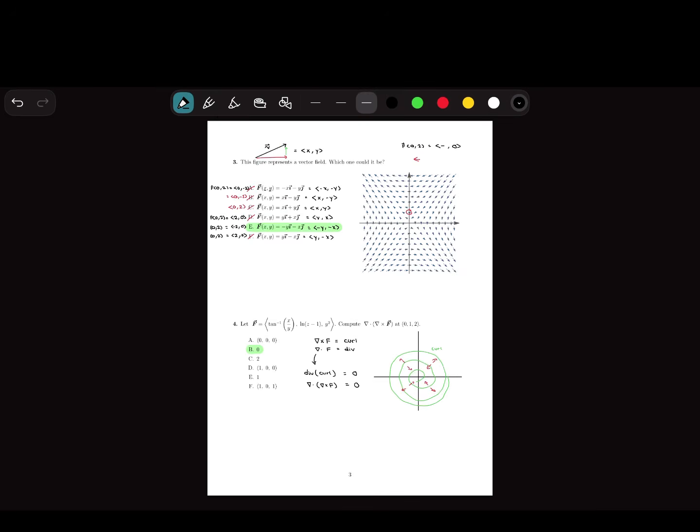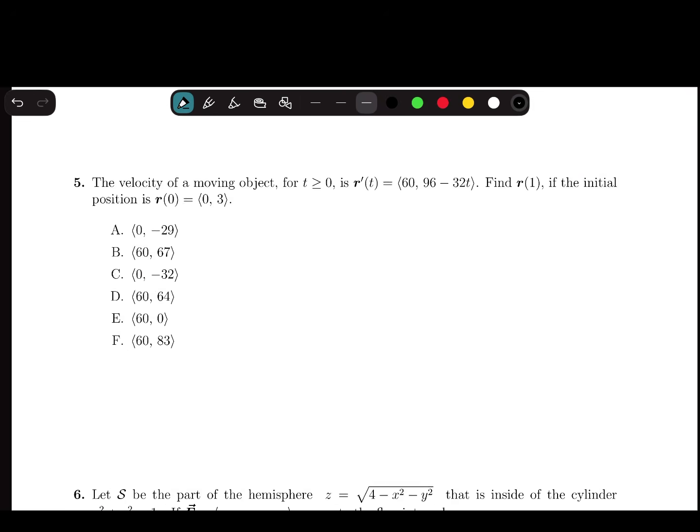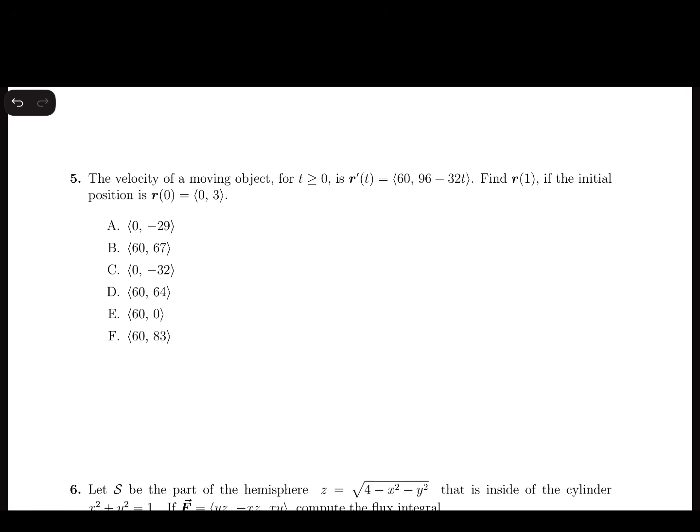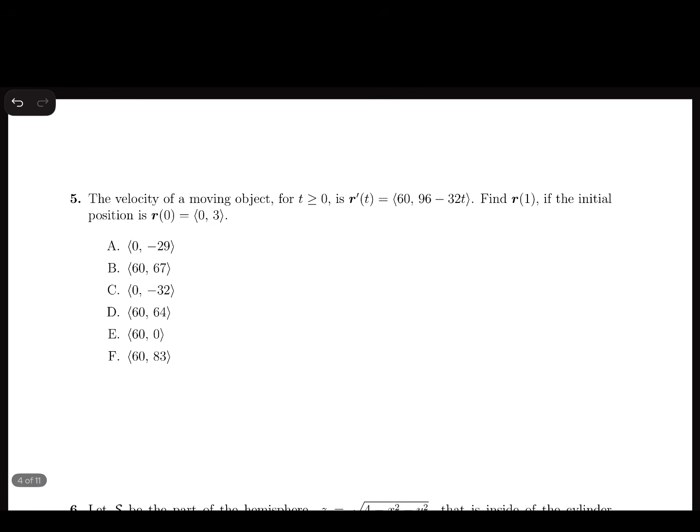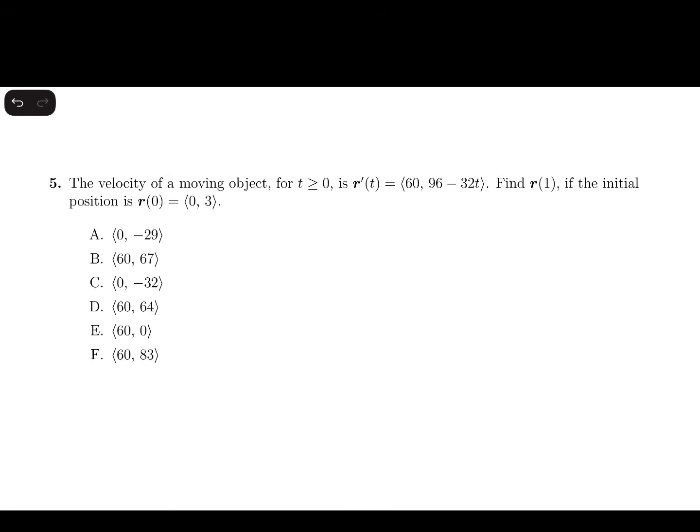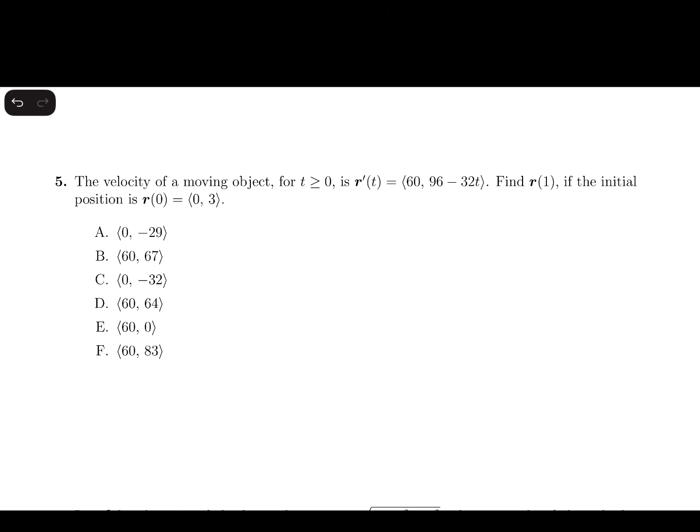All right, moving on to question number 5. Question number 5 asks us the velocity of a moving object for when t is greater than or equal to 0 is r prime of t equals 60, 96 minus 32t. So they want us to find r of 1 if the initial position is r of 0 equals 0, 3.